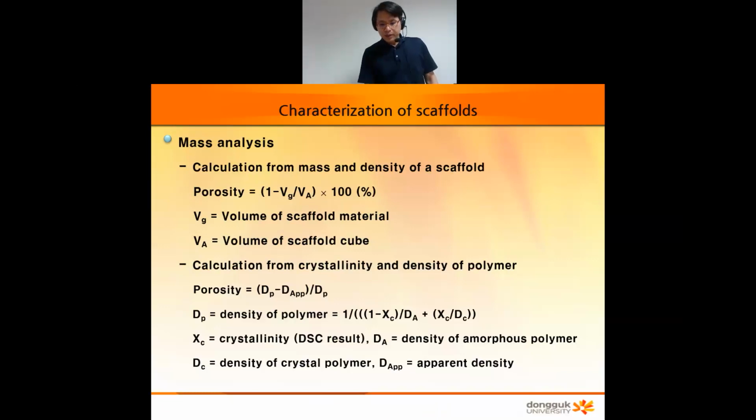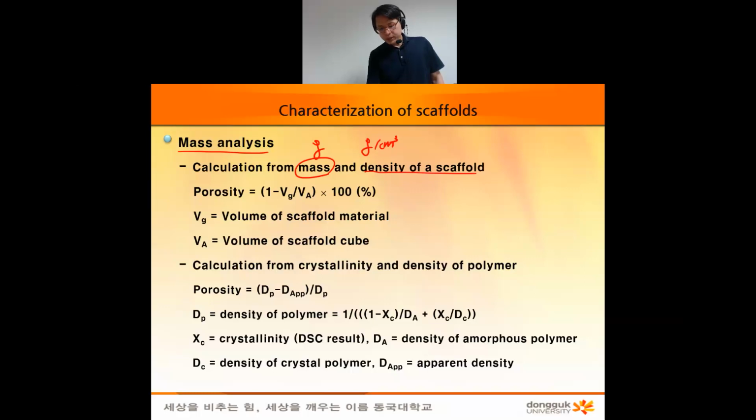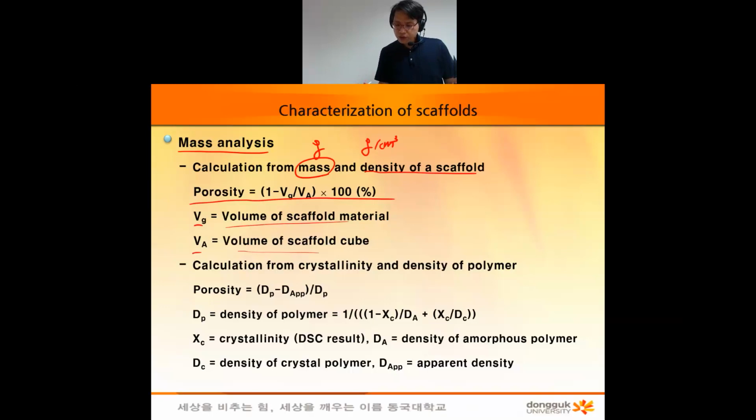Second, mass analysis is possible. Calculation from mass and density of scaffold. Mass, the gram, density, gram per cubic centimeters. Porosity is expressed by this equation, where Vg is the volume of scaffold, Va is volume of scaffold cube.